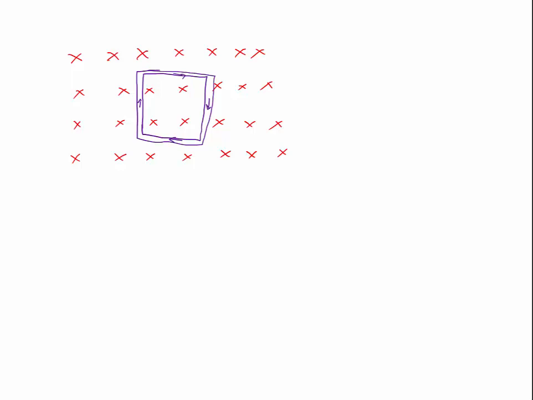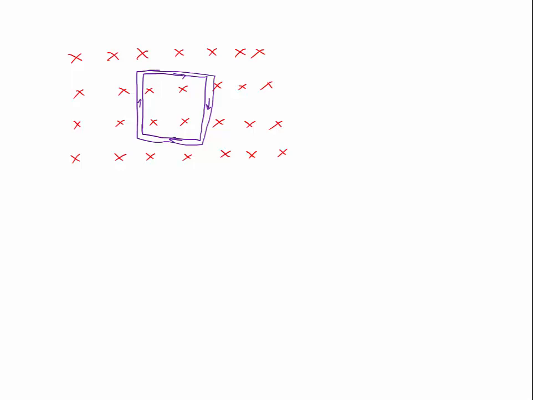So based on what we have done so far, you know that there's going to be a force from this external magnetic field on each of these current segments. Let's figure out what the direction of that force will be. On this top segment, I have the current moving to the right, and I have the external magnetic field going into the page.